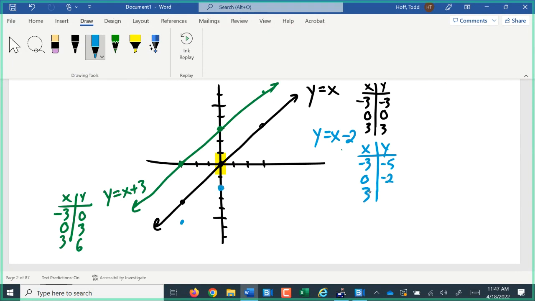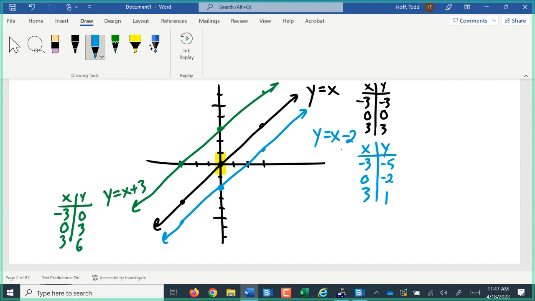If x is +3, 3 minus 2 is 1. That's going to be right there. So there's that line. Again, notice it's the same angle. It's parallel to that original line. It's just instead of going through the origin, it's down 1, 2 units from the center. So adding or subtracting to our x moves our line up or down on our graph.